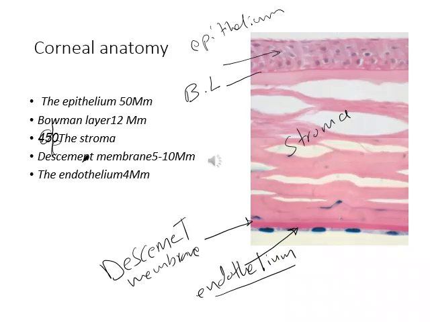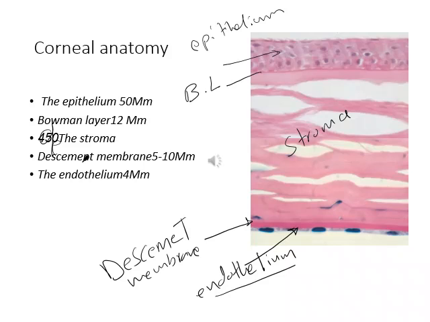There is a special orientation of the collagen fibril in this layer, and the spacing between these fibrils is maintained by proteoglycan ground substance. The maintenance of regular arrangement and spacing of collagen in this layer is critical for maintaining corneal transparency.